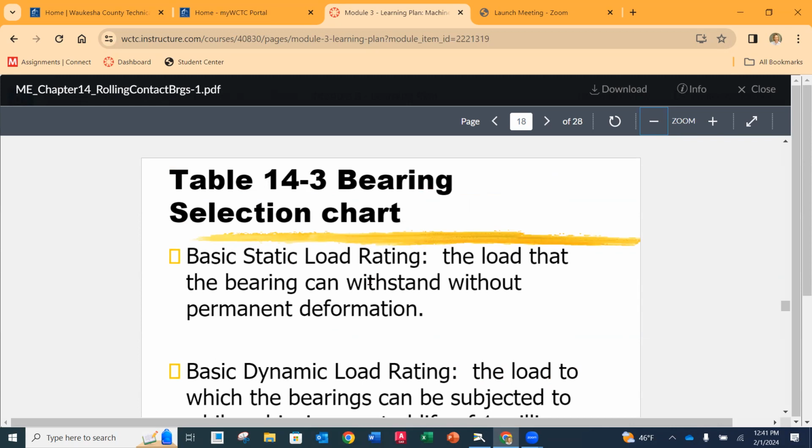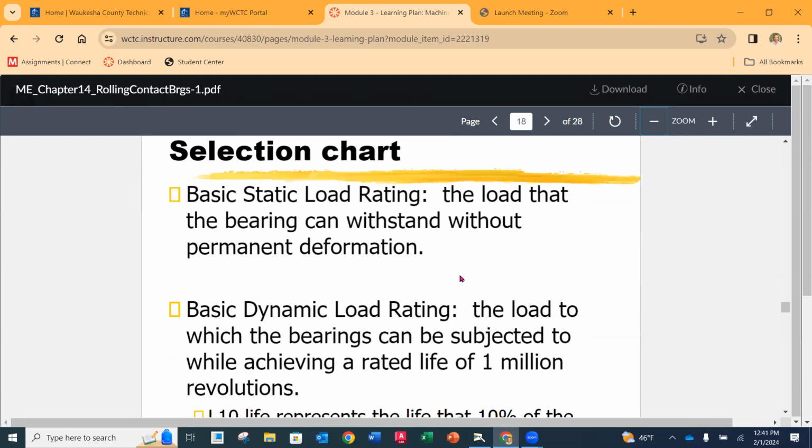Bearing selection charts. The two things that we're going to calculate to give us our start and to determine which bearing is going to fit our needs are, number one, the basic static load rating, and number two, the basic dynamic load rating. The basic static load rating is the load that a bearing can withstand without permanent deformation.